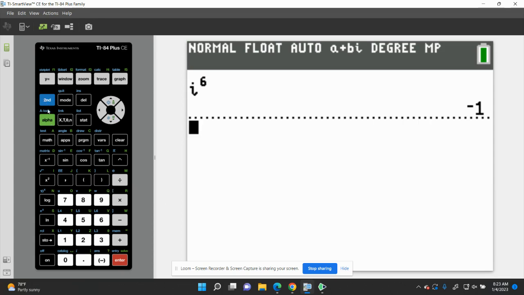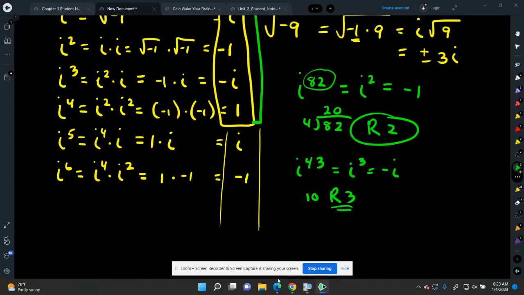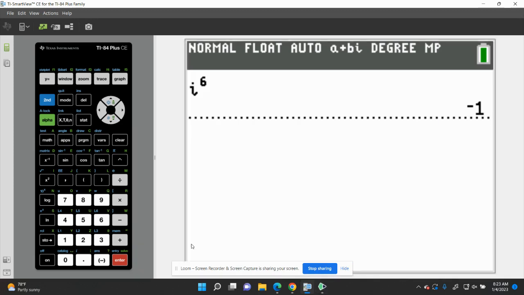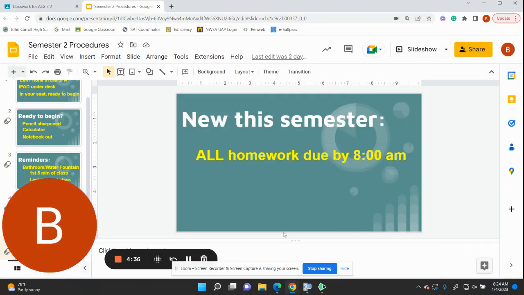If I do I to the third, I get -I. So your calculator can be a huge help. Okay, everybody okay with that so far?